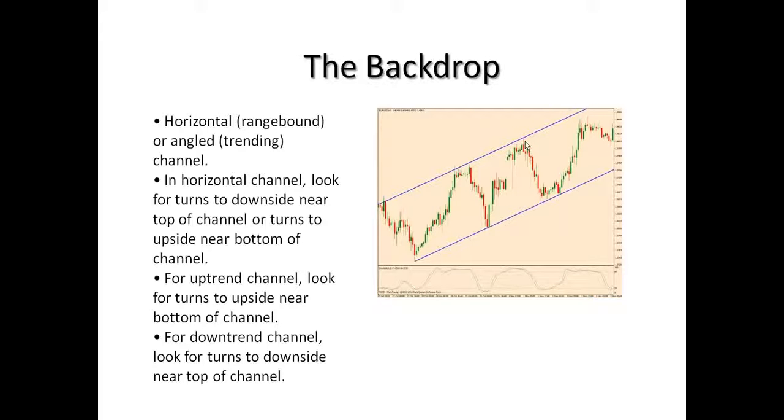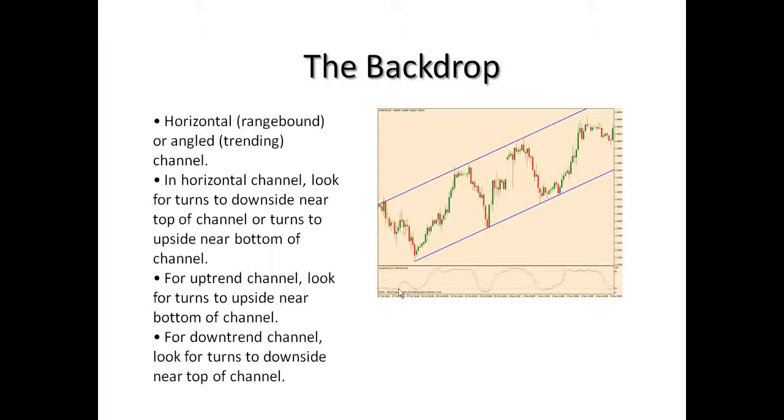You could use the top of the channel as a profit target, but I would not advise going short at the top of an uptrend channel, because that would be a counter trend trade, and I don't really like to make counter trend trades. So in an uptrend, you're going to go long near the bottom, but not necessarily short at the top.